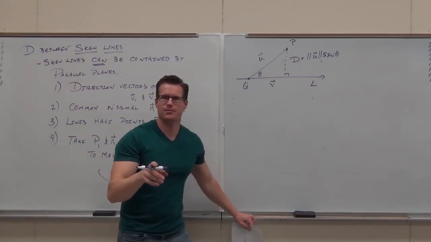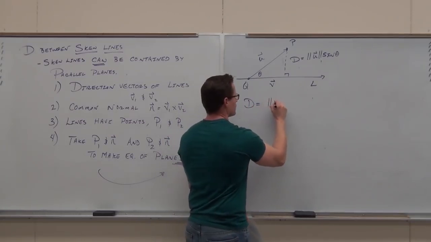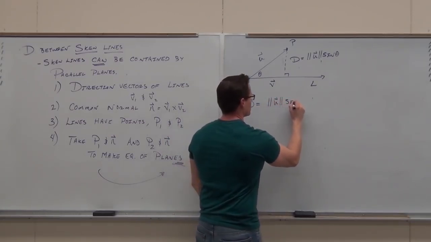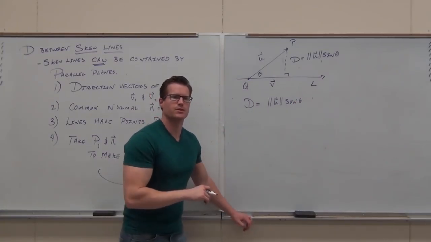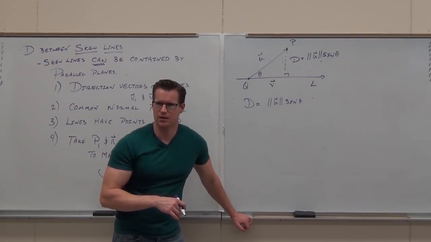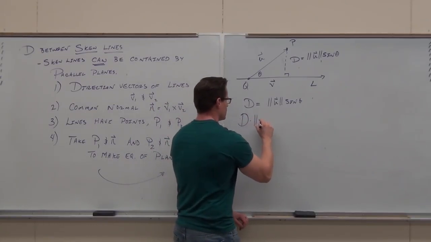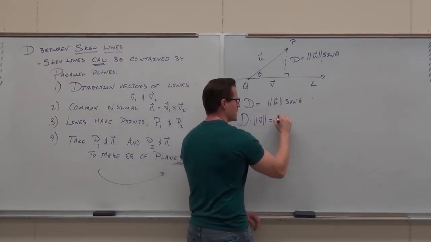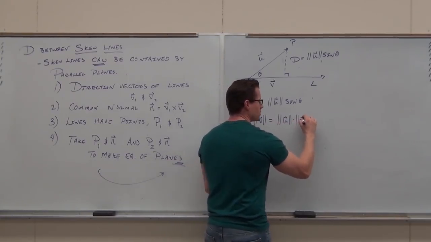You guys okay with that? Here's some math magic. We're gonna invent some stuff. Right now what I'm going to do is multiply both sides by the magnitude of vector v. Magnitudes are scalars, right? So I can multiply both sides by this scalar and still consider it to be equal.